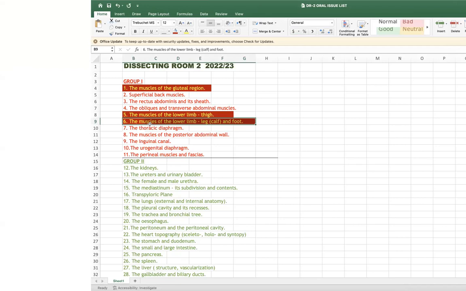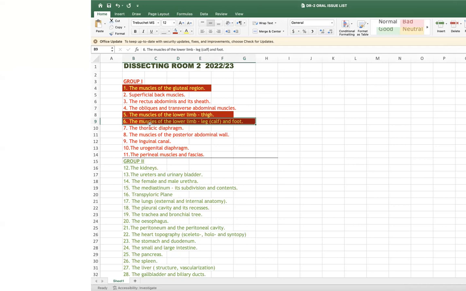The anterior compartment of the leg, I will select them. You have the tibialis anterior. I'll do a multiple selection. You have the extensor digitorum longus, which is this one.